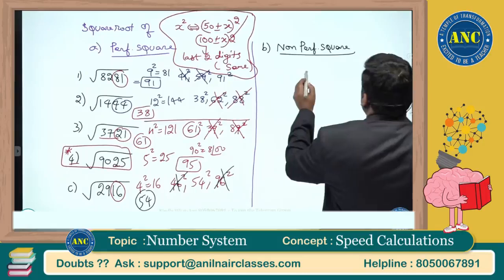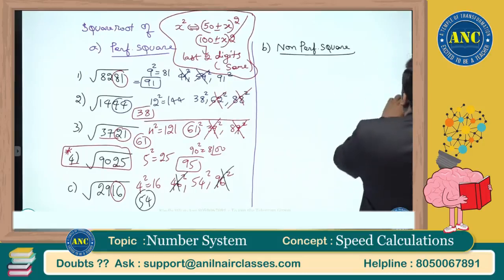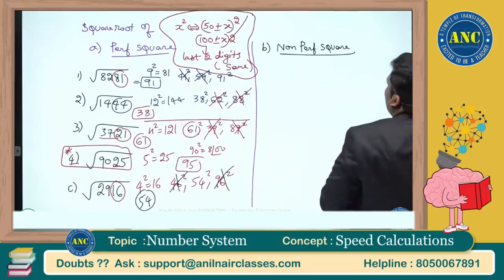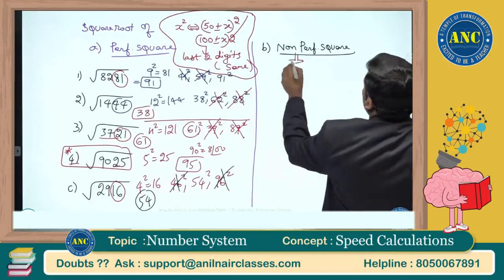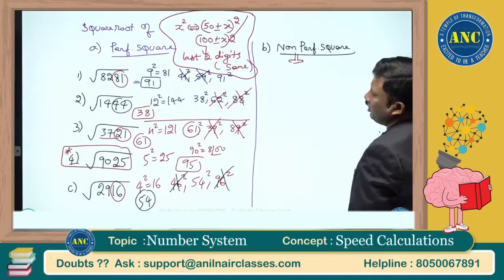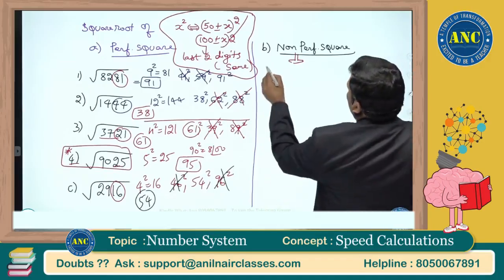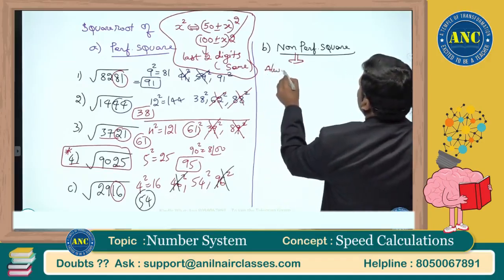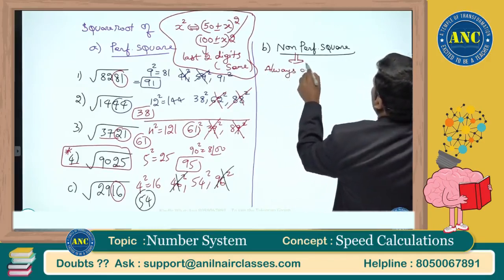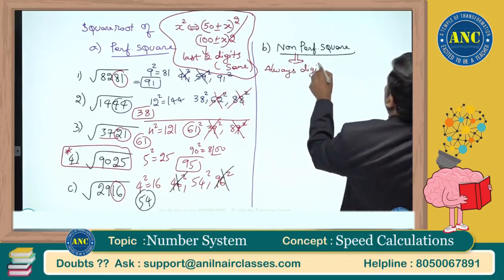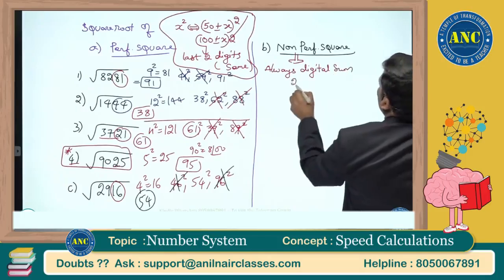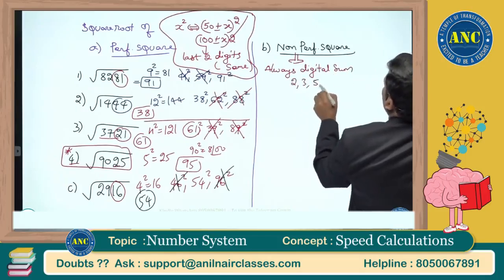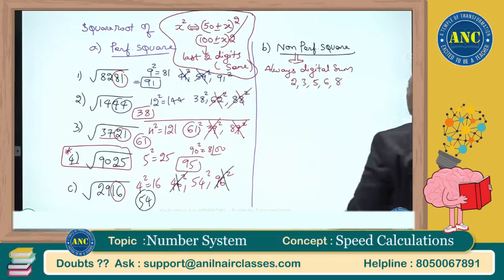How will you determine a non-perfect square? A non-perfect square always has a digital sum of 2, 3, 5, 6 or 8.